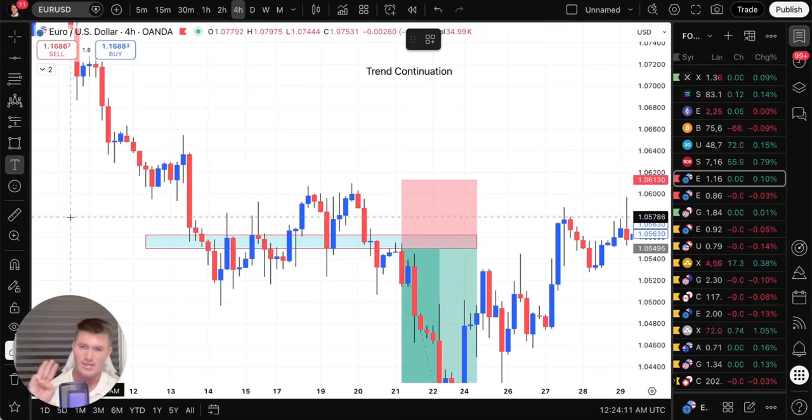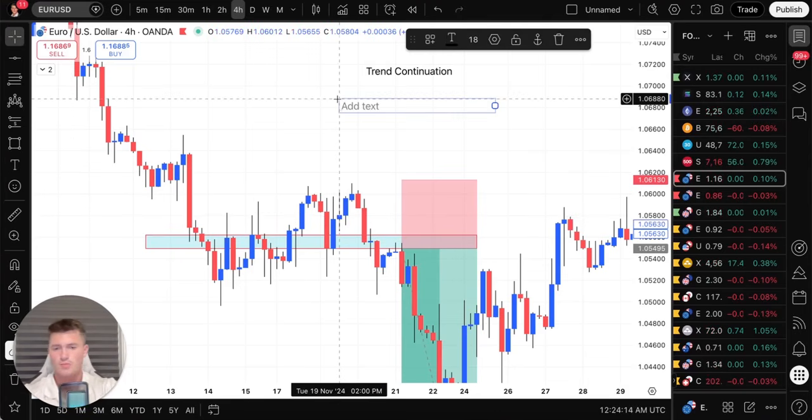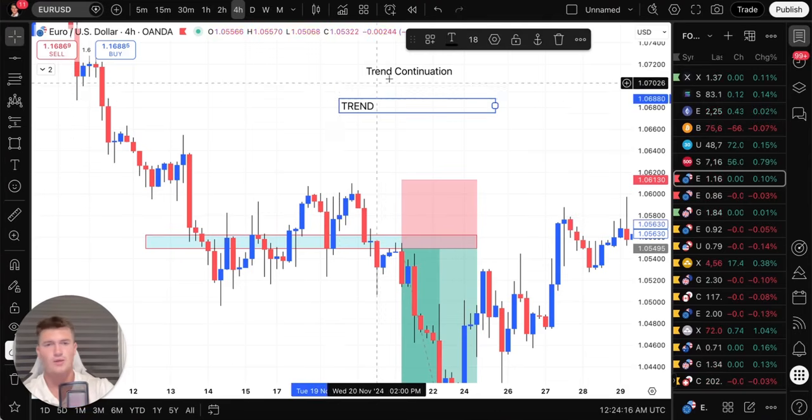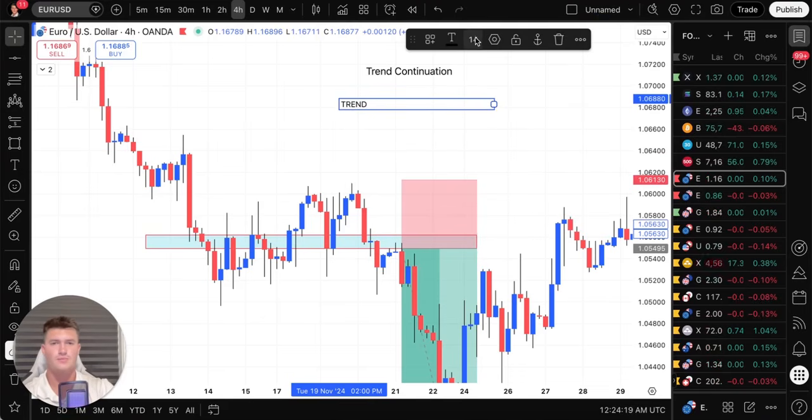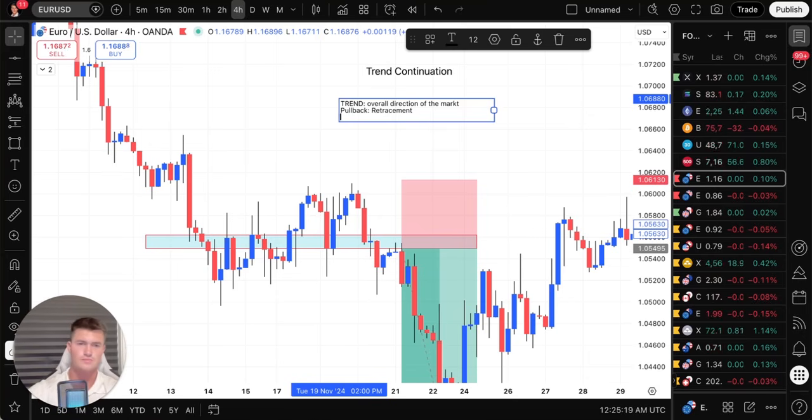So 3 things that we need to keep in mind here are, of course, the trend, which is the overall direction of the market, pullback, retracement, then our entry.